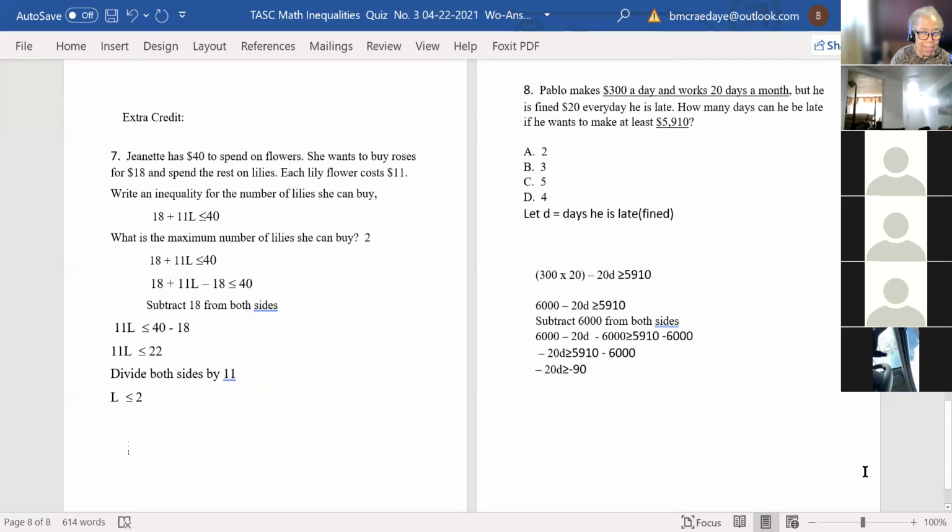Okay. Now, how do you solve for D now, Alba? What do you do to both sides to get D? No. Minus 20D is a multiplication, so you have to divide.